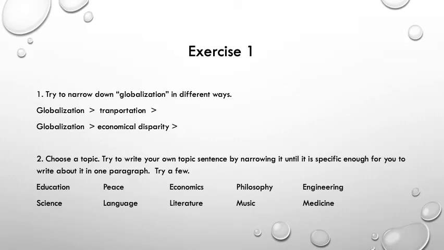Task 2: there are a number of topics here. Try to choose a few topics and write your own topic sentence by narrowing it down so that it's specific enough for you to write about in one paragraph. So stop the slide and do this on your own. You can write your answers in your notebook or on your computer as you like.